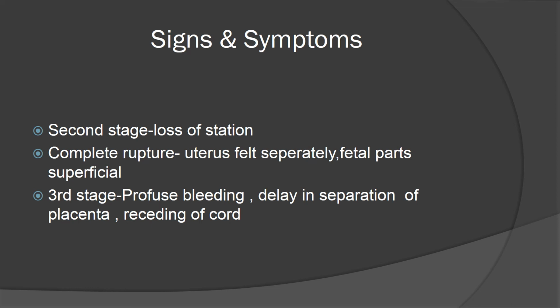When the rupture occurs, the fetus is delivered into the peritoneal cavity. Hence, you cannot feel the presenting part in the pelvis. This is called loss of station. And of course, when the rupture is complete, you can feel the uterus separate from the fetus, and the fetal parts may be palpated more superficially, and the fetus will already be dead.